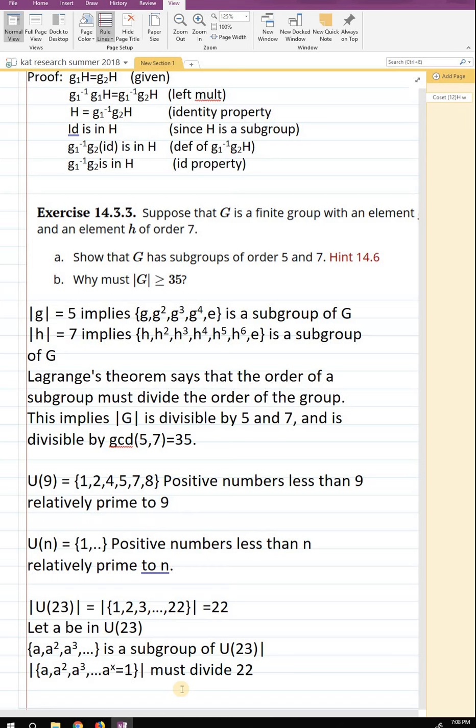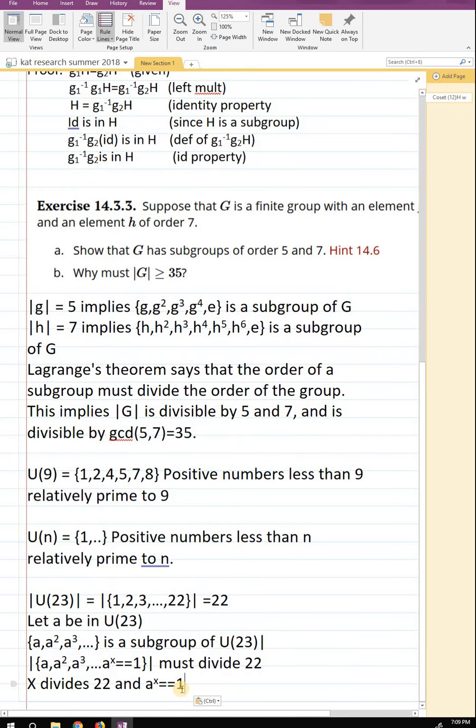So that means that x divides 22. And a to the x, I shouldn't say equal 1, I should say congruent to 1, and that's mod 23. Right.